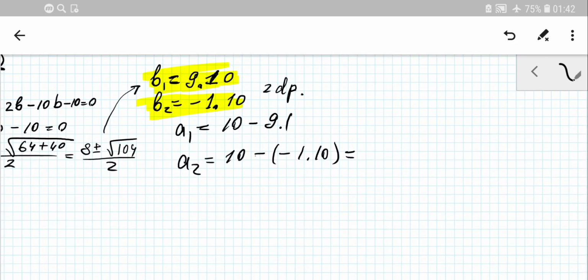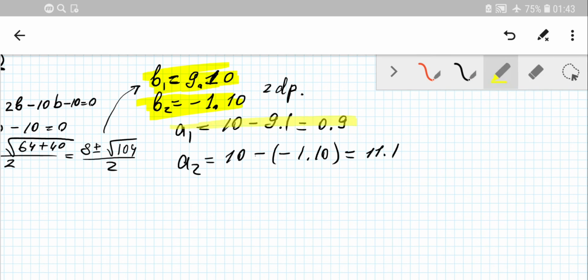So that's the final value. Okay, let's calculate. So the first one, we've got 0.9, and here we've got 11.1. Alright, so we've got A and B corresponding.